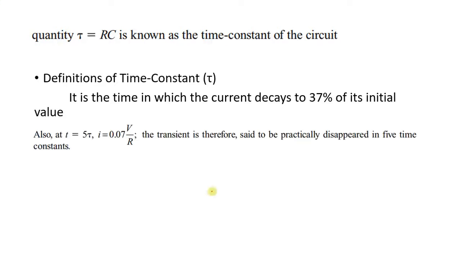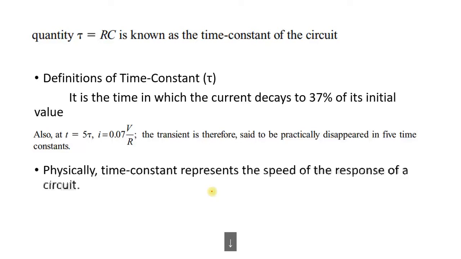From the graph I also told you that at 5 into tau, that means 5 time constants, I is around 0.07 into V by R. That means it reaches almost a constant, practically zero, and it disappears from the circuit.